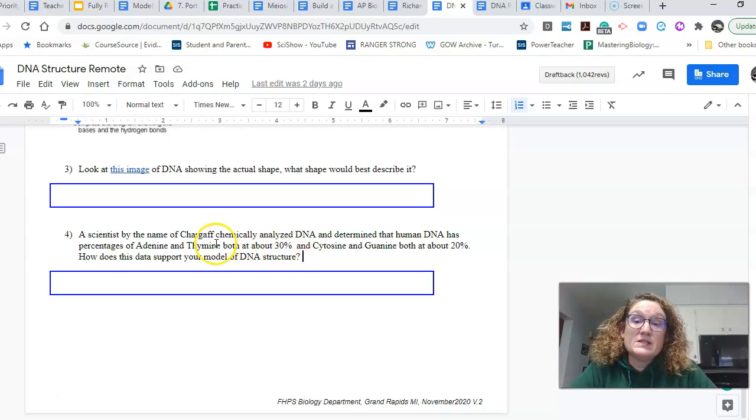If 30% of it is T and 30% of it is A, and then 20% of it is C and 20% of it is G, why is that? How is that shown in our DNA model? Okay, so that's a question that I thought you might get a little bit stuck on.